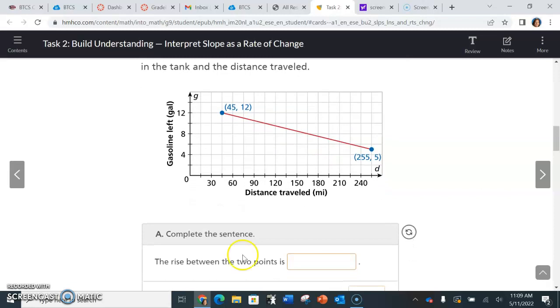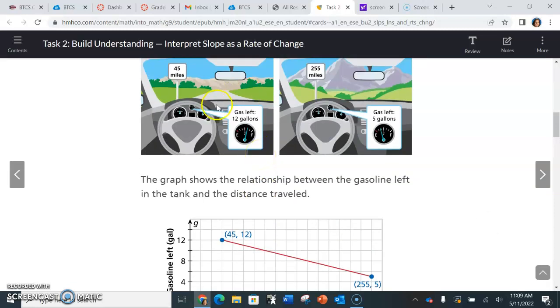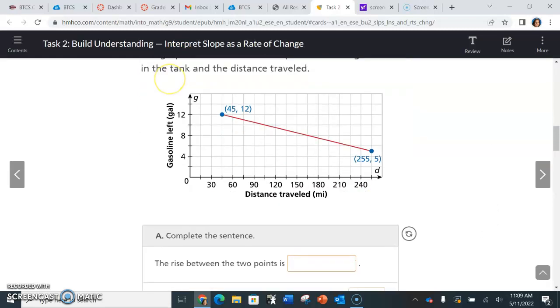These points come from the information given: 12 gallons of gas and 45 miles. So I guess that's the distance traveled instead of the distance to where they're going. Most road signs tell you how much further you have to go, but because this is just a math problem, it's telling you how far you've been.